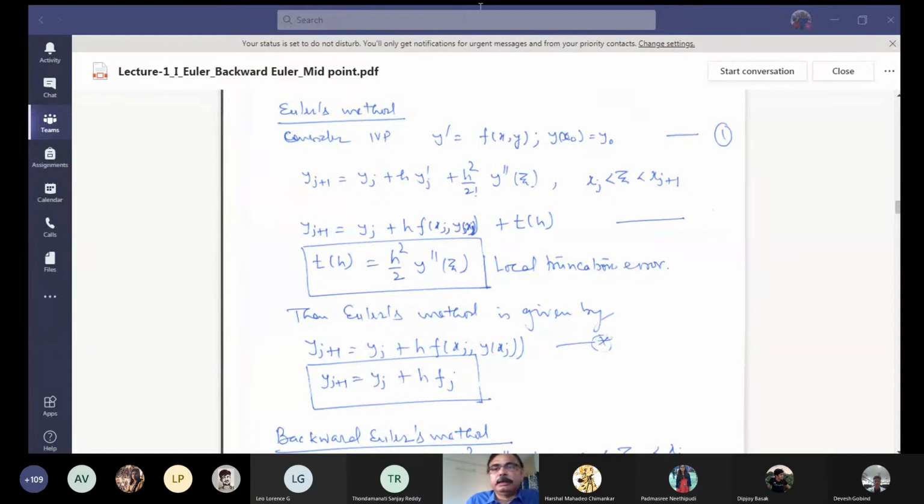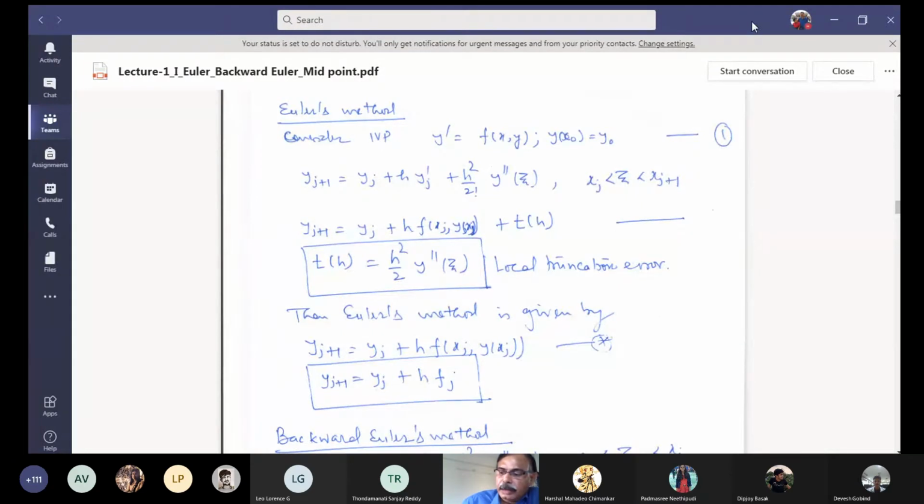So now I'm moving further. Write down the Taylor expansion for y of x. For example, you have subdivided the interval from a to b, here it is x0, so you may write x0 to let us say b, into n number of subdivisions.